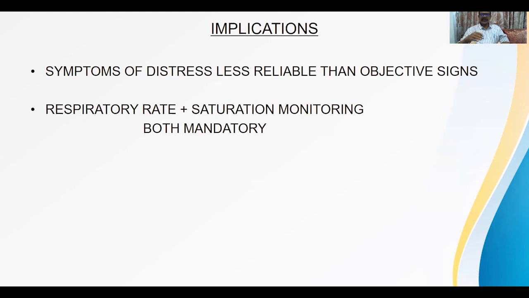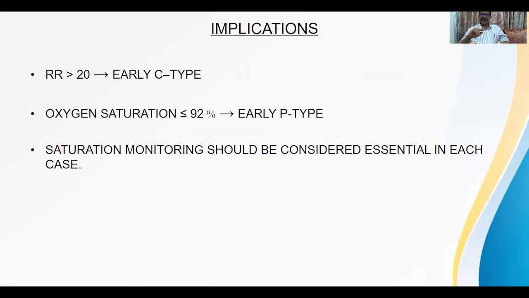Respiratory rate and saturation monitoring are complementary to each other. We can't choose just one of them. So I repeat, signs are more important than symptoms. Symptoms can be deceptive. Respiratory rate and saturation monitoring are both important because both will give different clues to different types. Respiratory rate more than 20 points to early C type.